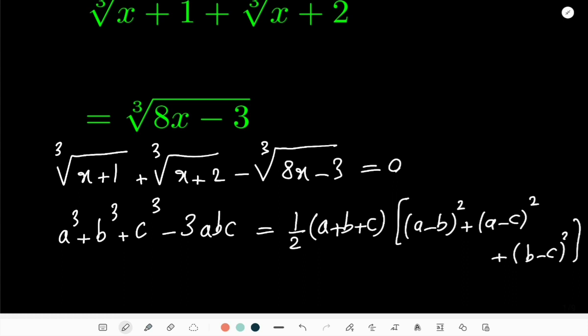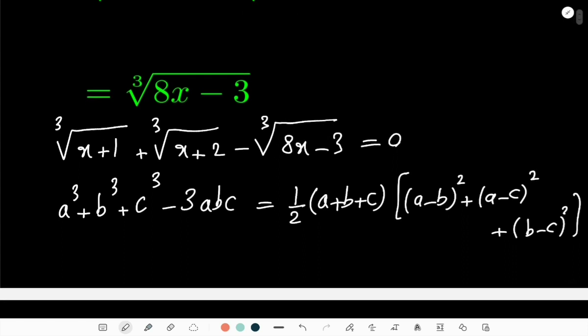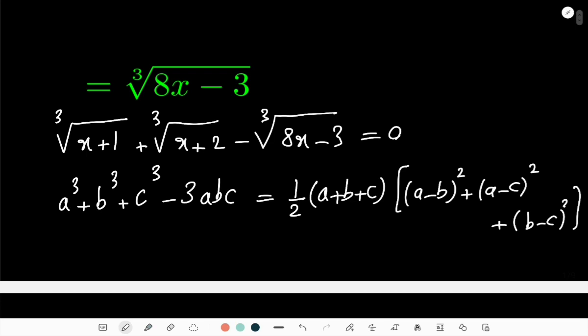So what is the conclusion from this identity? By the way, a, b, c just belong to R, they can be anything.